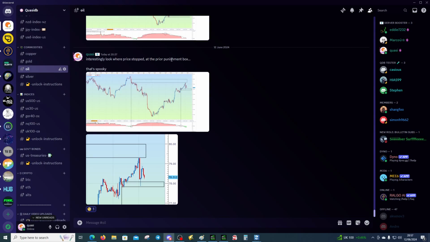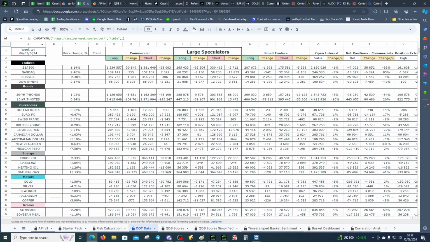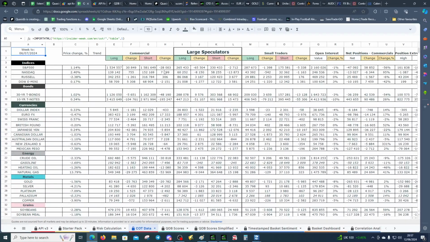And don't forget, on the sheet, we have that COT data, which is refreshed automatically. So if you're interested in a particular currency, or perhaps an index, then you can certainly have a look at this. And this refreshes automatically, which is absolutely amazing. So thanks to insiderweek.com, the fact that they've allowed this HTTP export is fantastic.